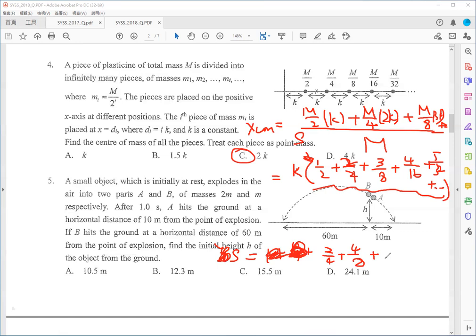Oh no, I can't. So let me see what I can do. I multiply by 2 first, okay? Multiply by 2 first.